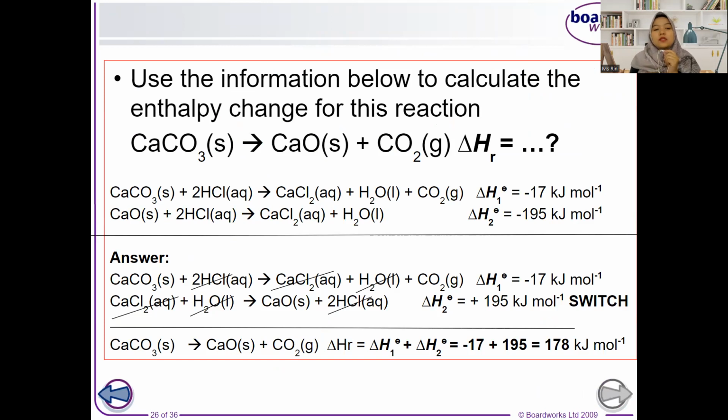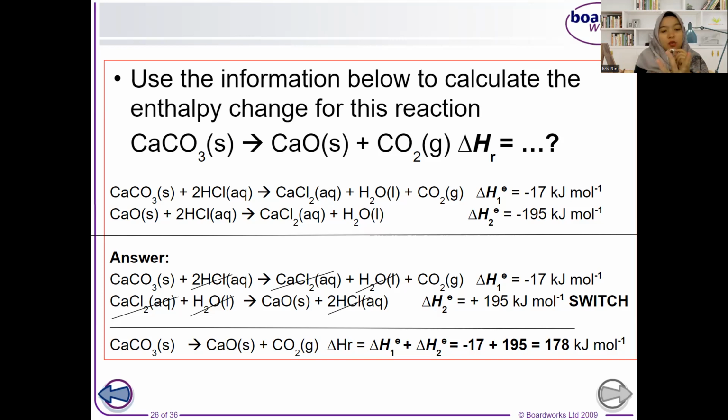The first is CaCO3 plus 2HCl produces CaCl2 plus H2O plus CO2, delta H1. And then the second reaction, CaO plus 2HCl produces CaCl2 plus H2O, that's delta H2.